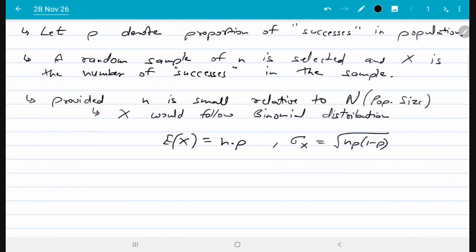Okay, of course, this is the parameter value.